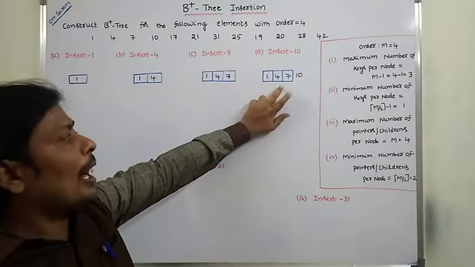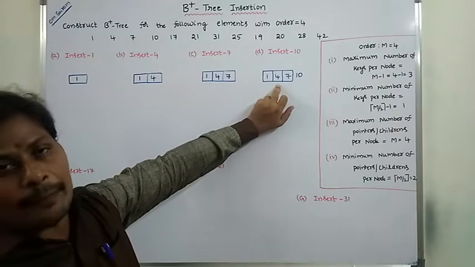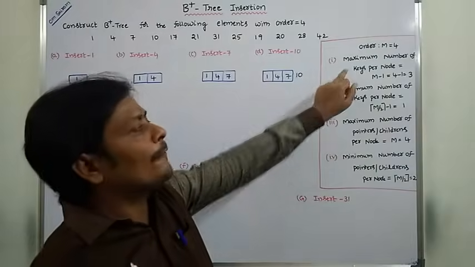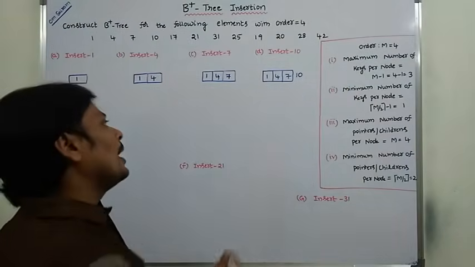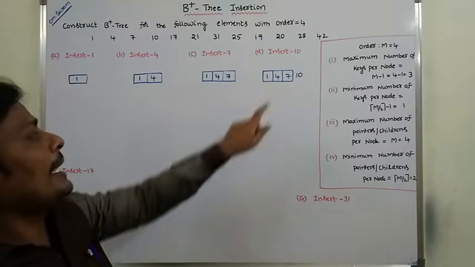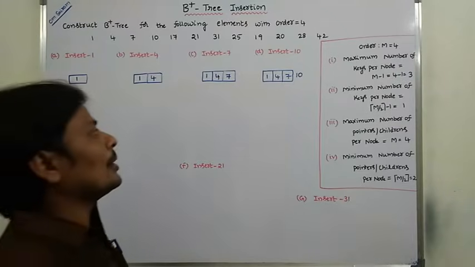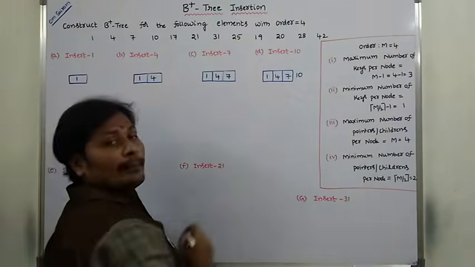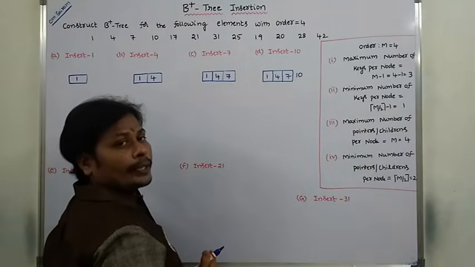But after inserting 10, this node contains 4 key elements. It violates property 1, so we have to perform the splitting operation by taking the middle element as the parent element. How many elements are there? 1, 2, 3, 4. 4 elements are there.